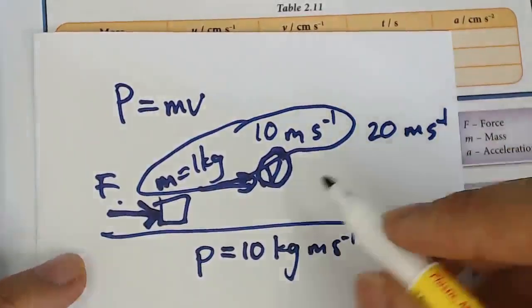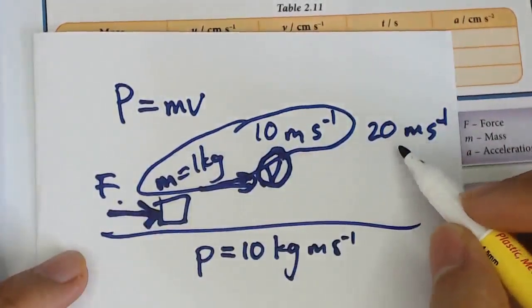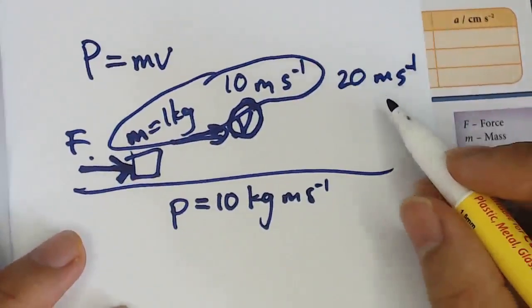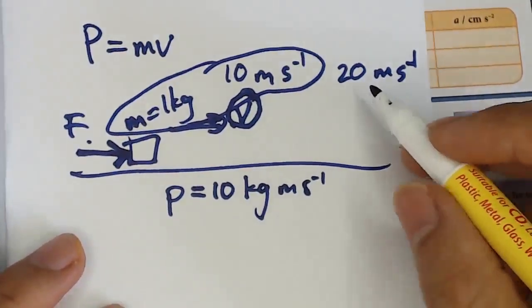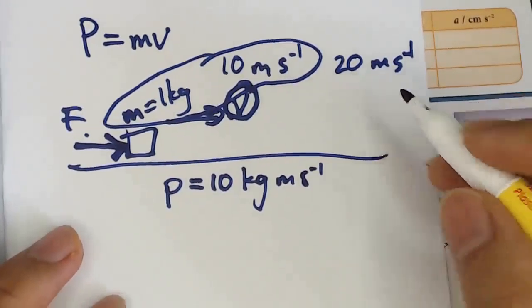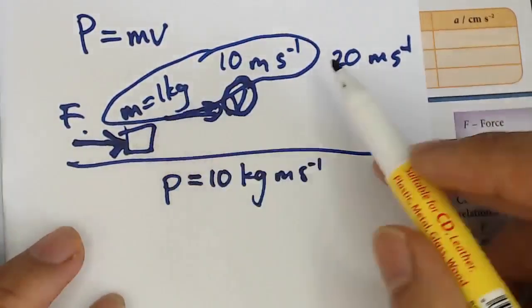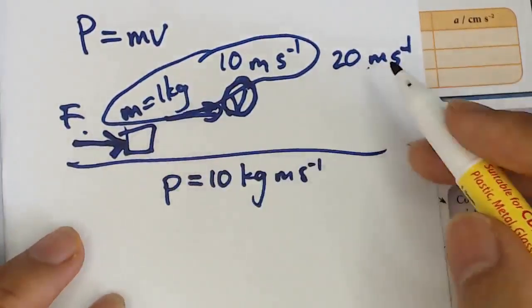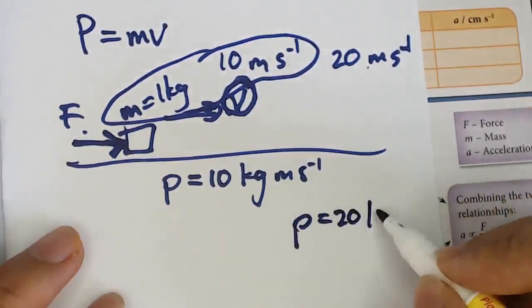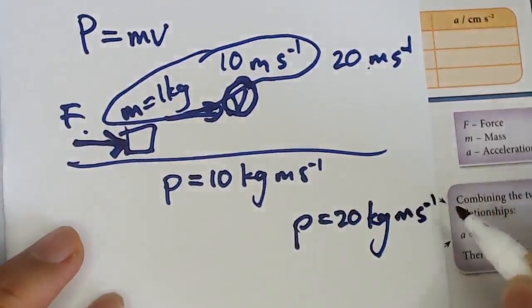But after some force is exerted on it, this time let's calculate the momentum. The speed is increased to 20. This time we have 1 kilo, the same, multiplied by 20, so we have 20 kilogram meter second negative 1.